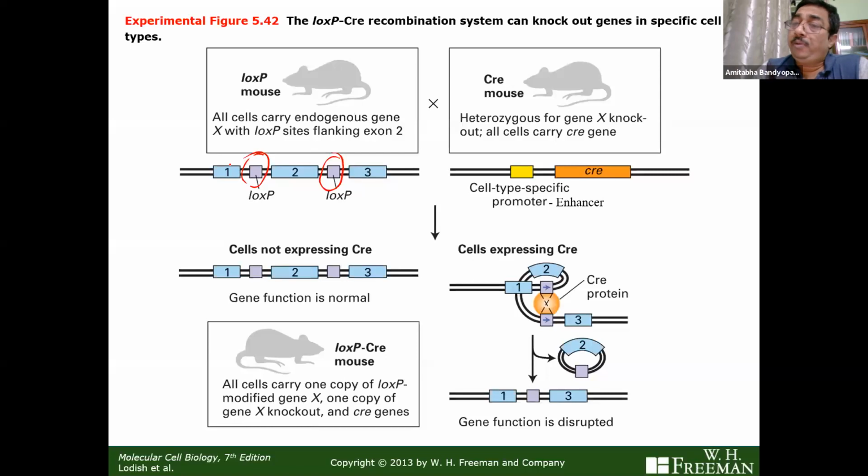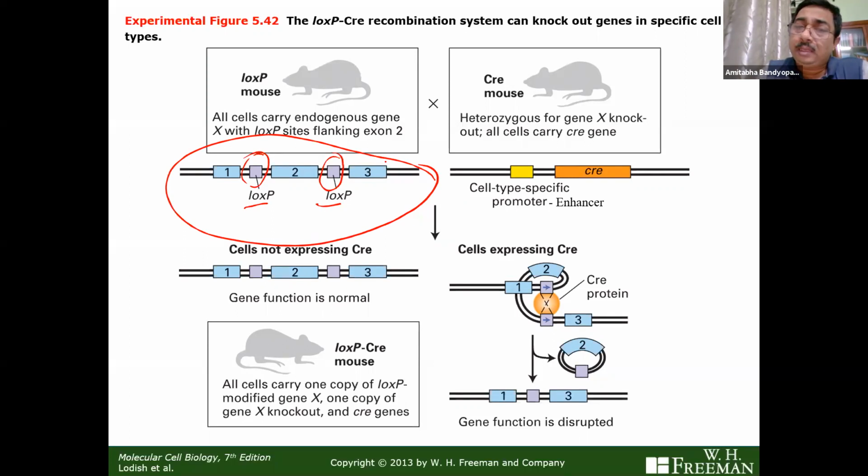That mouse will be phenotypically normal, right? Genotypically, of course, LoxP has been inserted, so genotypically it's slightly different, but it will be phenotypically normal. But upon condition, that is, if the cells where this genetic architecture is there, which is every cell in the mouse, because you have done it using the ES cell modification method, right?